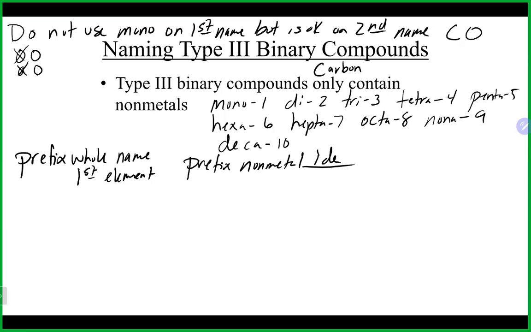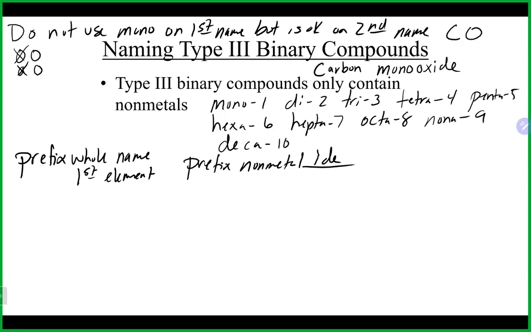There's only one oxygen. Prefix is mono. Can I use mono on the second name? I can, so that's okay. So if you write mono, and then the oxygen becomes oxide, you end up with carbon monooxide. They do not sell carbon monooxide detectors. They sell carbon monoxide detectors, yes?